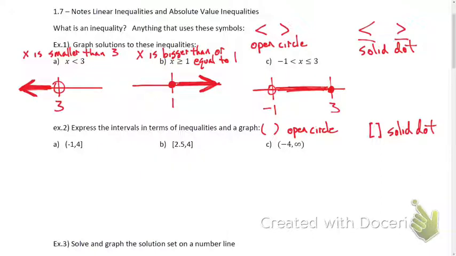All right, so let's make our number line. And I see a parenthesis right next to the -1, so open circle. And I see a bracket, so we're going to do a solid dot for 4. And the comma tells me any value in between is valid.